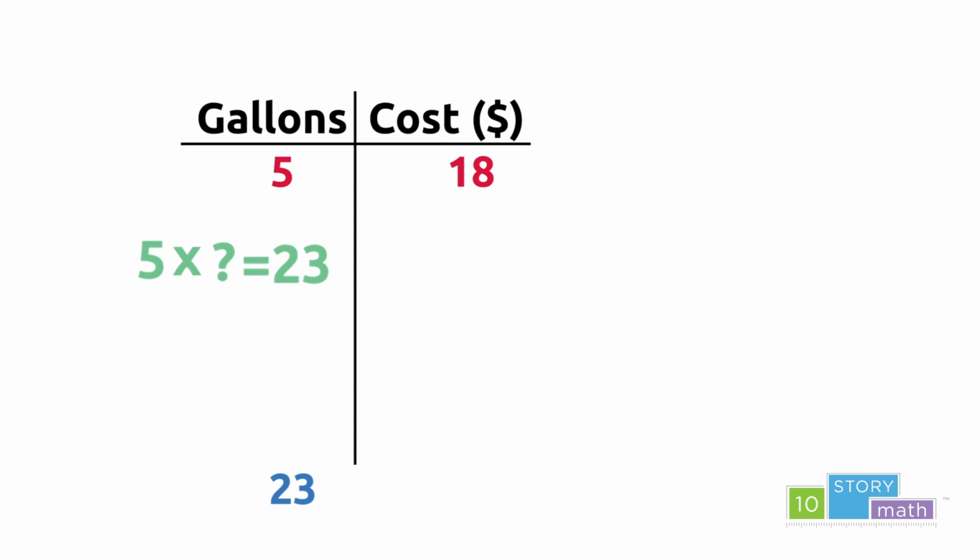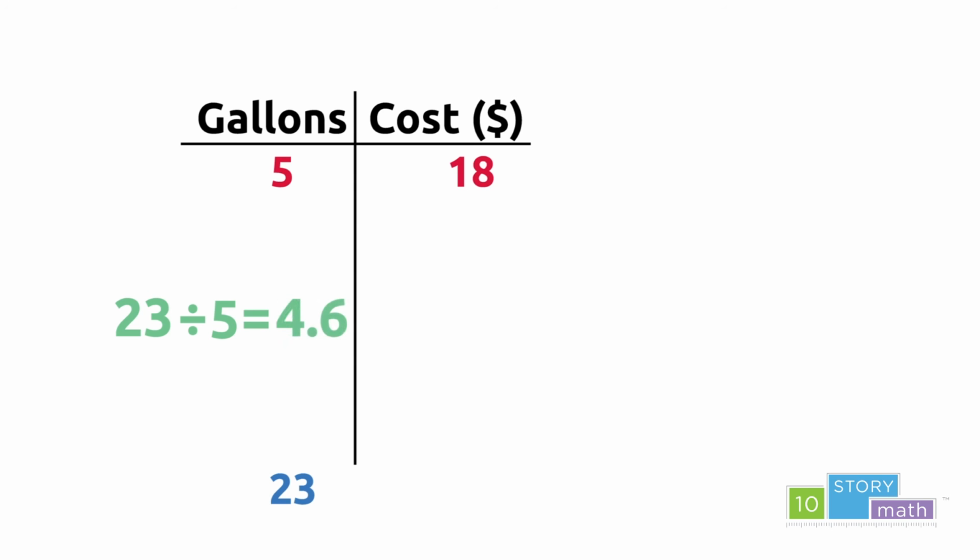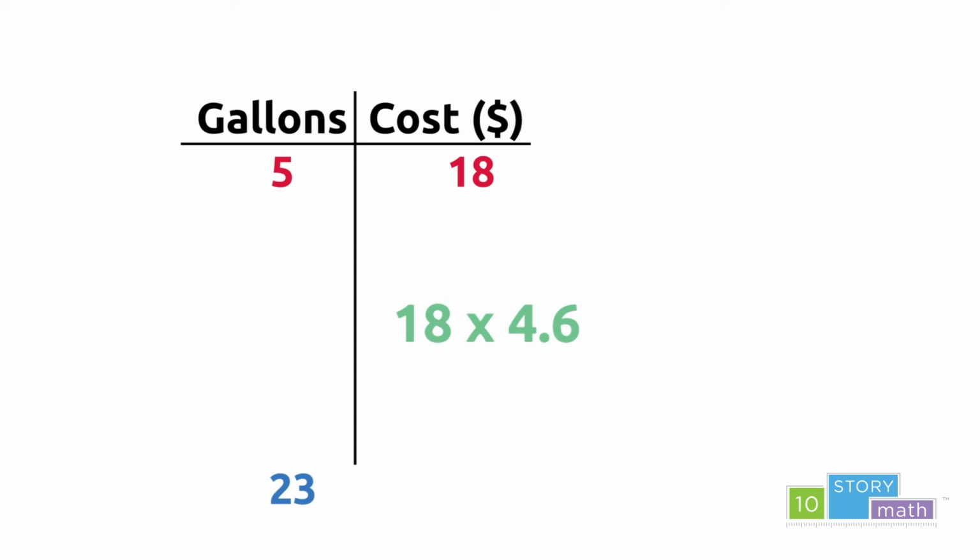To solve for the question mark, we can divide 23 by 5. That equals 4.6. So we're going to need to count by 5 gallons 4.6 times. Therefore, we'll also need to count by 18 4.6 times. And 18 times 4.6 is 82.8, same as before.